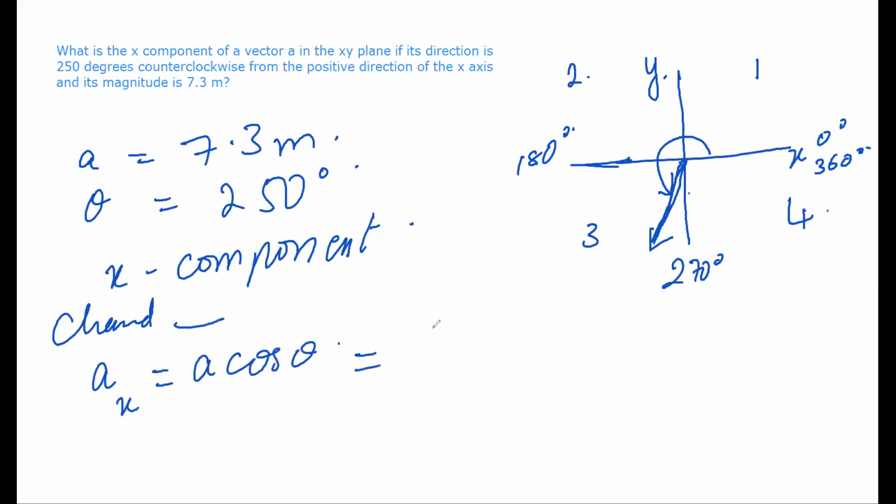So this should be equal to 7.3 multiplied by cosine of 250. What's your answer? Ma'am, let me calculate. Ma'am, 2.250 meters.